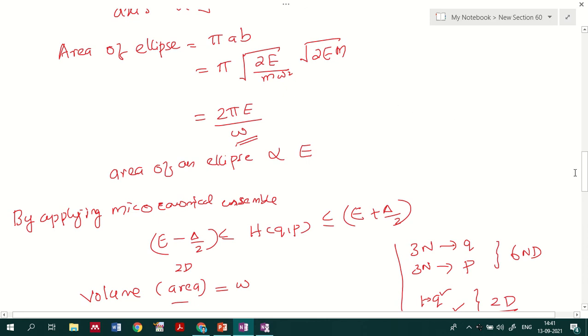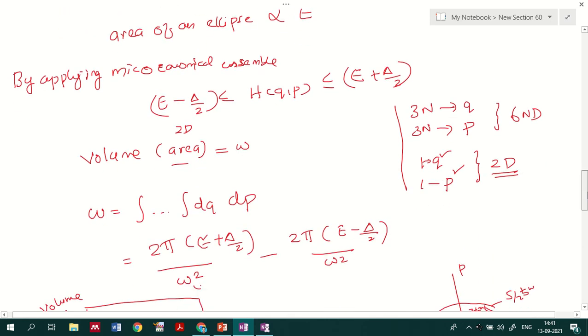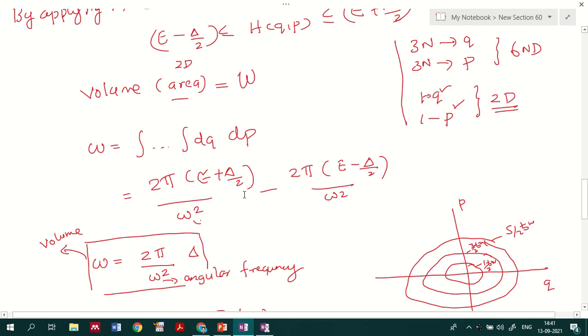Okay, so let me keep this as a bigger one, so that you won't get confused. Now if I come to here, there will be a correction here also, that is simply the square won't be there, and here also there will be no square. Sorry for that. 2 pi delta by omega.